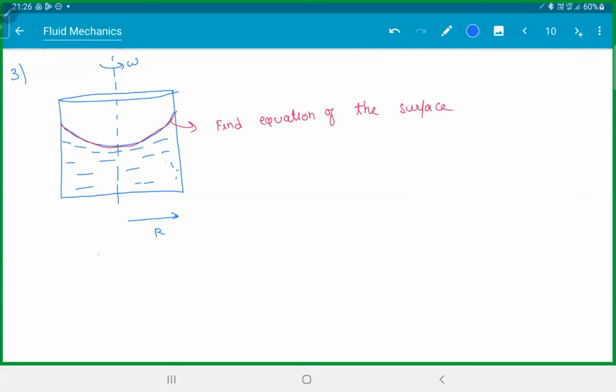This is a rotating liquid. Liquid in a container rotates with omega.